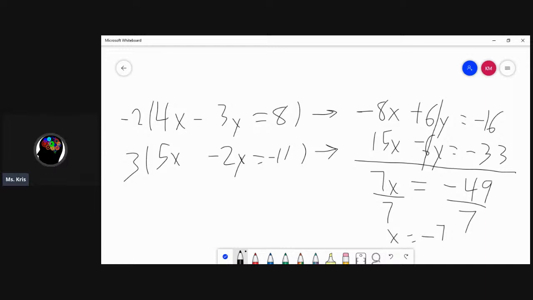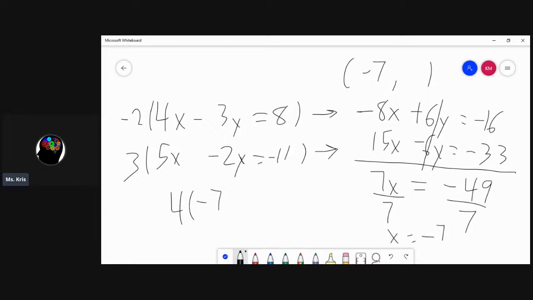Now, of course, once I find that, I know that x is a negative 7, because negative 49 divided by 7 is negative 7. I must now find my y. Of course, you can take the new problems or the original problems, whichever, to solve for your answer. I'm going to choose the top original.